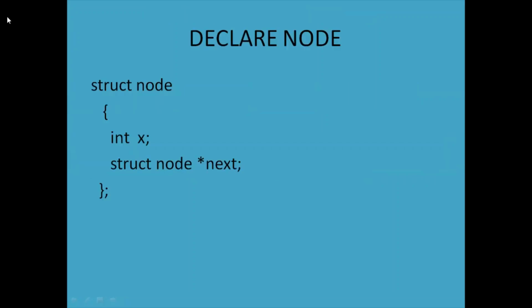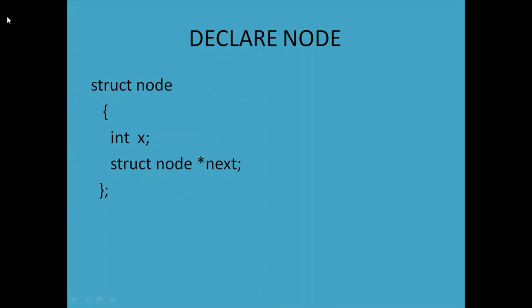Now, how to declare a node? See, if I want to declare a variable of type integer, what will I do? I will take a primitive data type int and give a variable name, for example x, or for example a, so that a will be holding an integer type value.